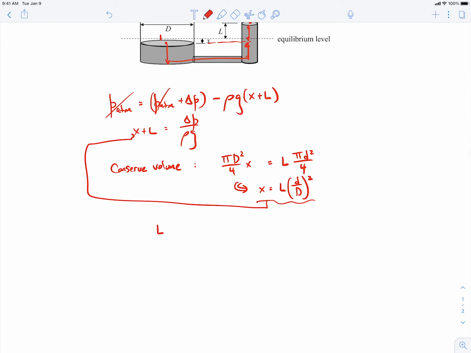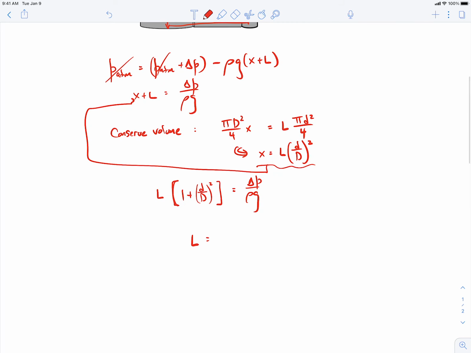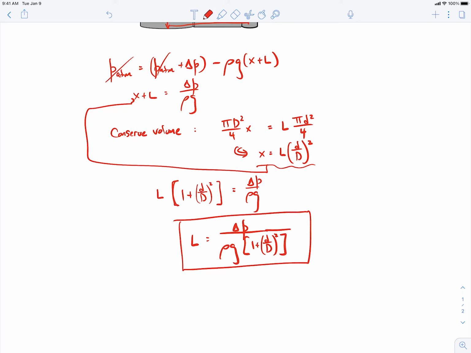So then we'll get L times (1 plus (little d over capital D) squared) is equal to delta P over rho g, and then we'll do one last bit of algebra. And that's our final answer.